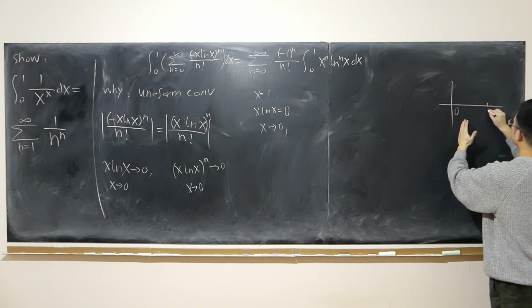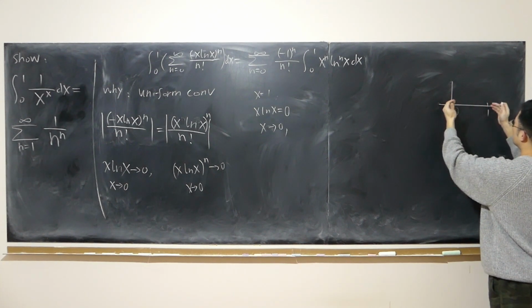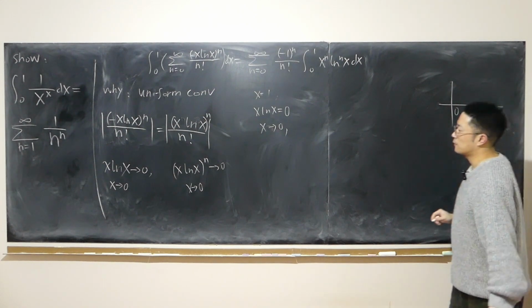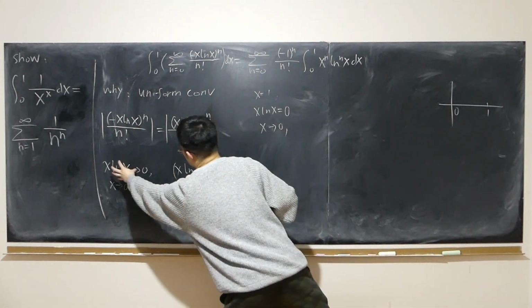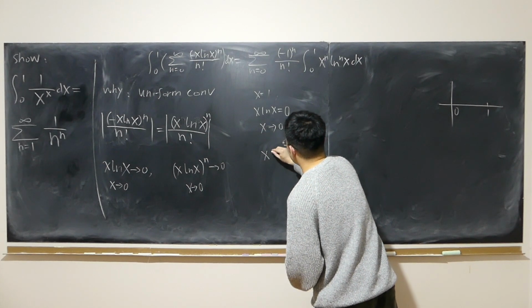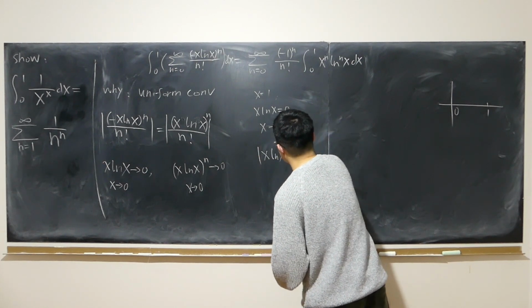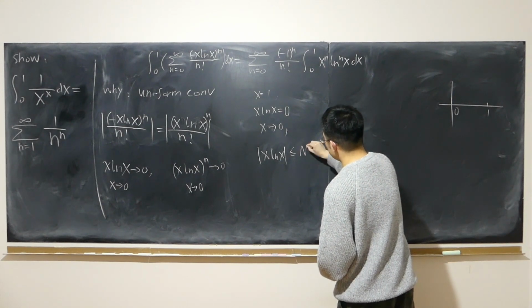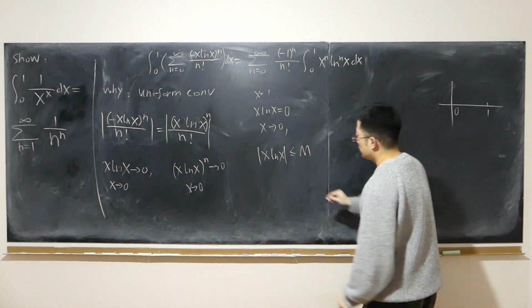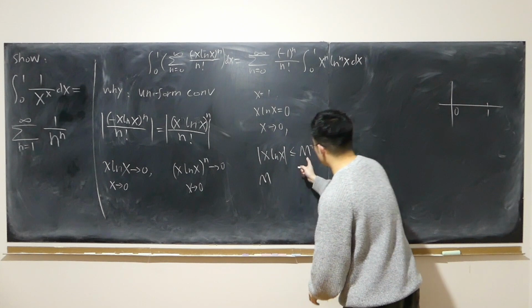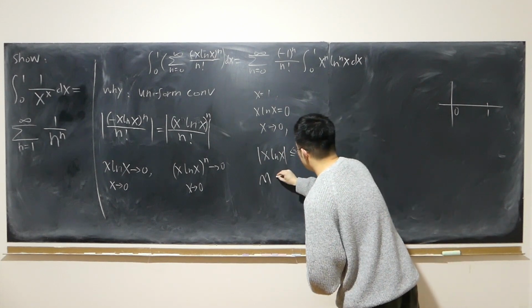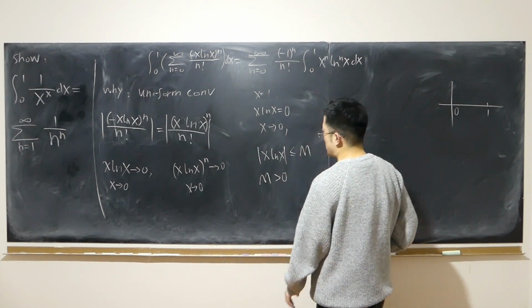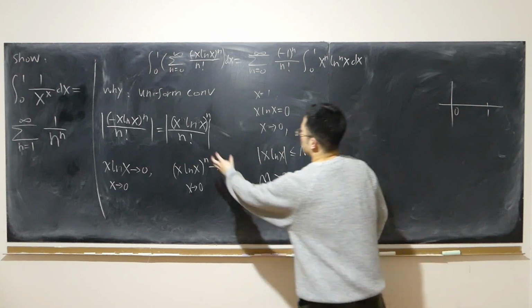So overall, from 0 to 1, x times log x has absolute value less than or equal to some positive constant that has nothing to do with the value of x.